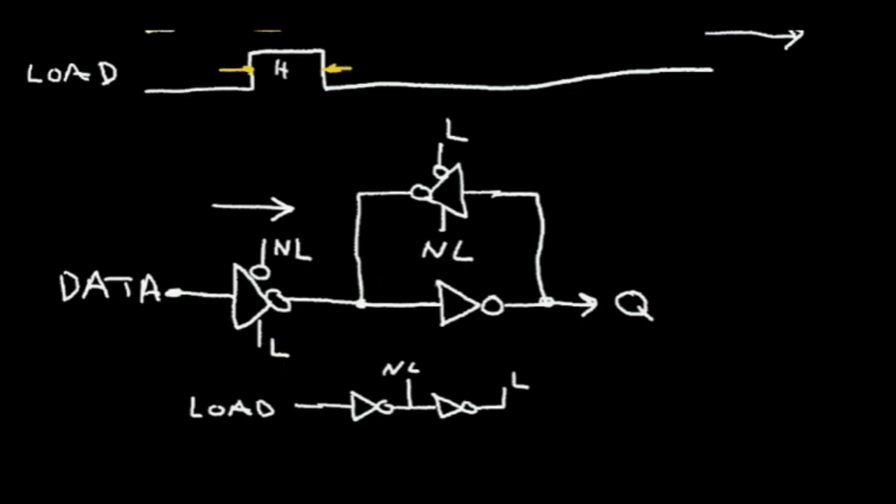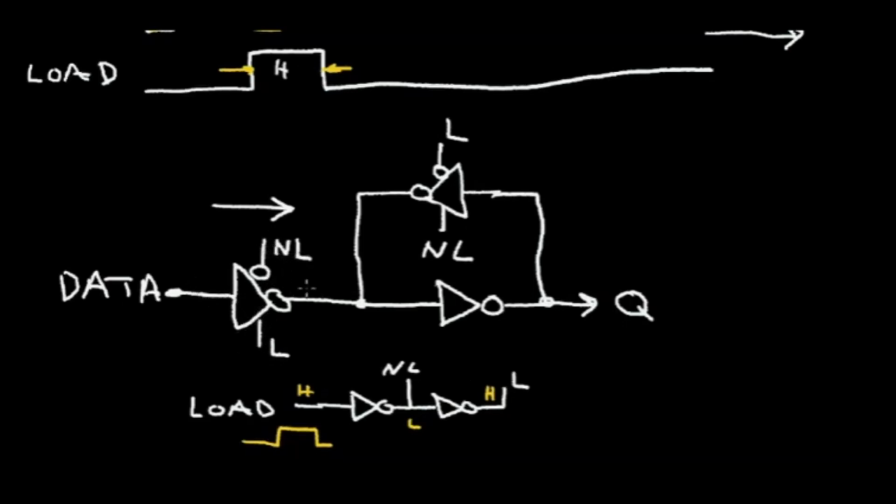So let's examine how this latch works. If this load pulse becomes high, this is at a high voltage, this is at a low voltage, this is at a high voltage, and since the gate of the NMOS is at a high voltage, this NL is low.